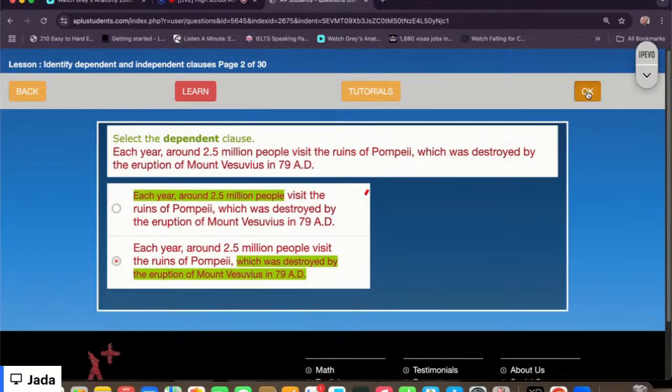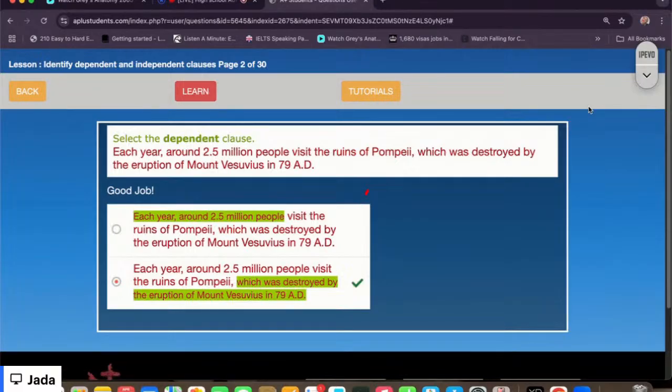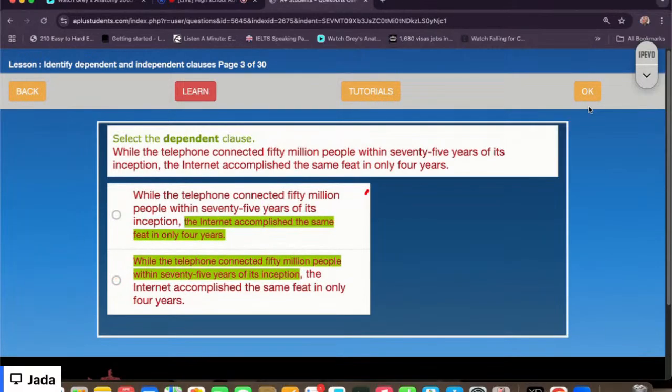All right, so we have from which, the second one. All right, so: while the telephone connected 50 million people within 75 years of its inception, the internet accomplished the same feat in only 4 years.